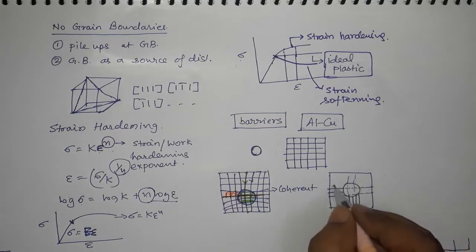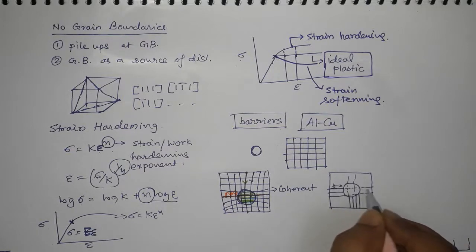Now if you have a dislocation here, this can move inside because there is matching both outside in the matrix and inside the precipitate. But if you have a dislocation here, then that will just pile up here.